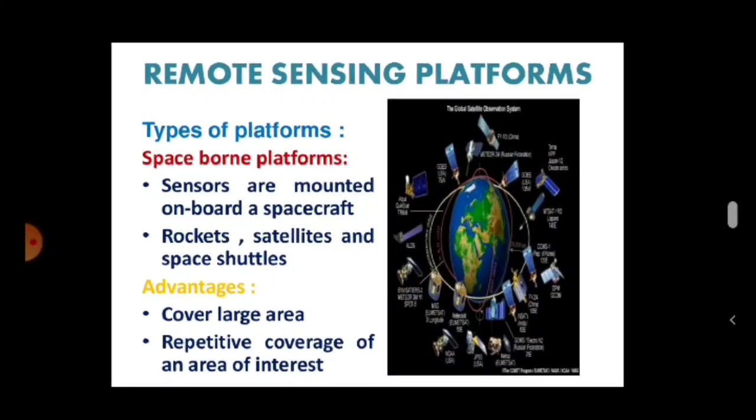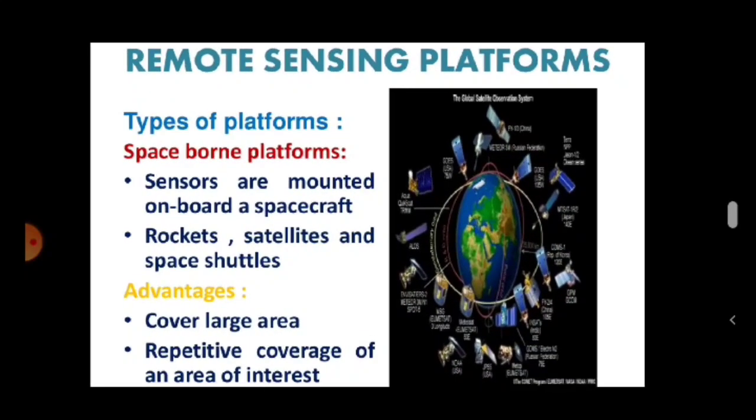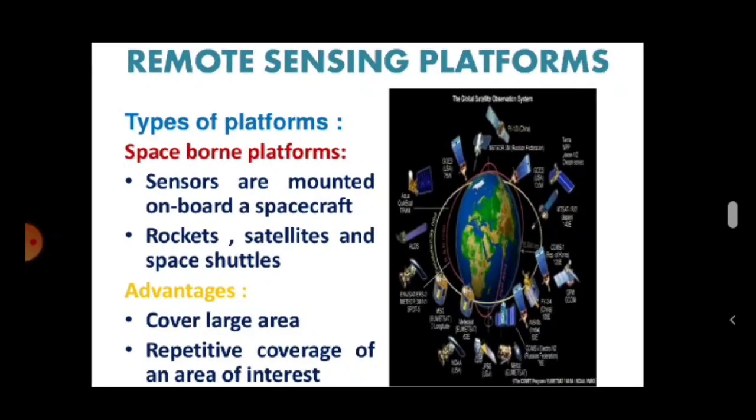We can have a 3D image, so the computer can create a digital elevation model, known as DEM, from these images.